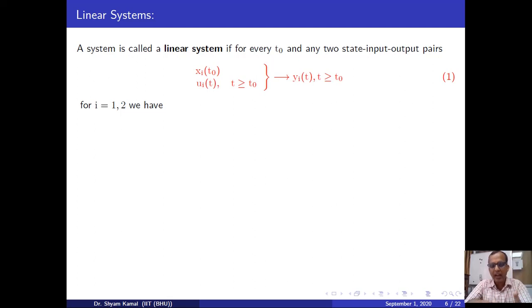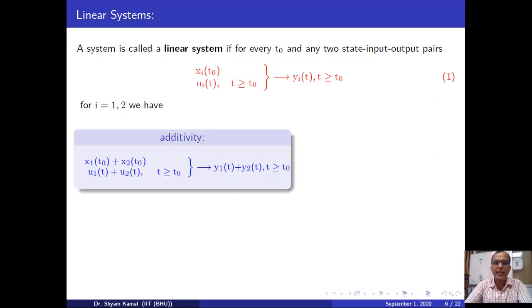I define state x1(t0) for the first input output pair, and x2(t0) for the second. So I have two pairs. One property is called additivity: if you add the two initial conditions and add the two inputs, then the output of the same system is just the summation.